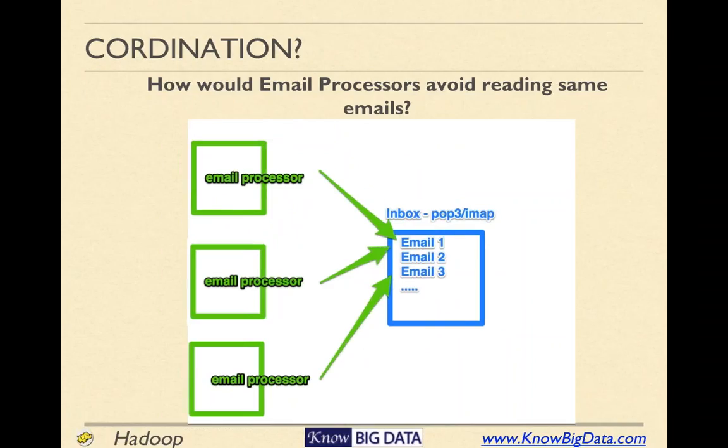These email processors have exactly the same logic. Whatever logic you write in one email processor is going to be replicated in parallel on all of them. All of these email processors are going to read from the same inbox and process emails in parallel and continuously. Now you have to avoid one email processor reading an email that is being processed by some other email processor.